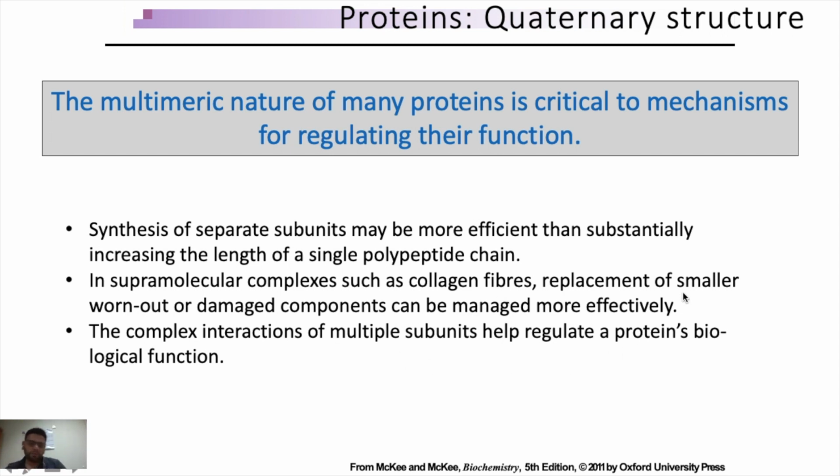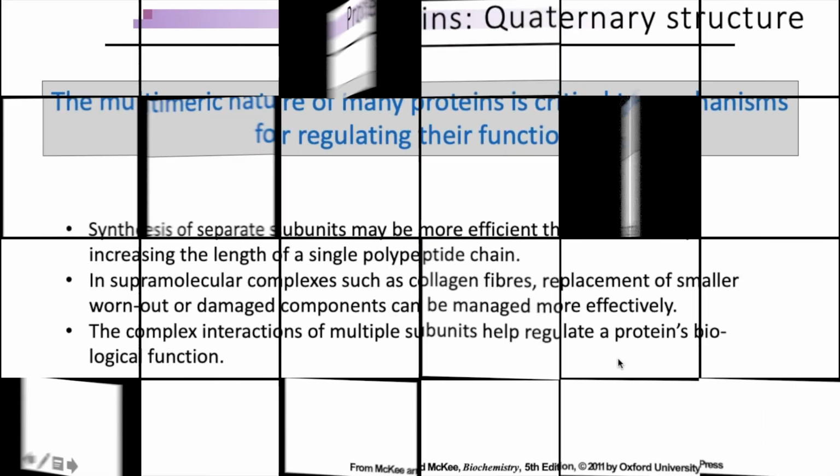Secondly, smaller worn out or damaged protein subunits could be effectively replaced compared to the long full length polypeptide chains. Thirdly, the interaction of these polypeptide chains helps regulate the protein's biological function.